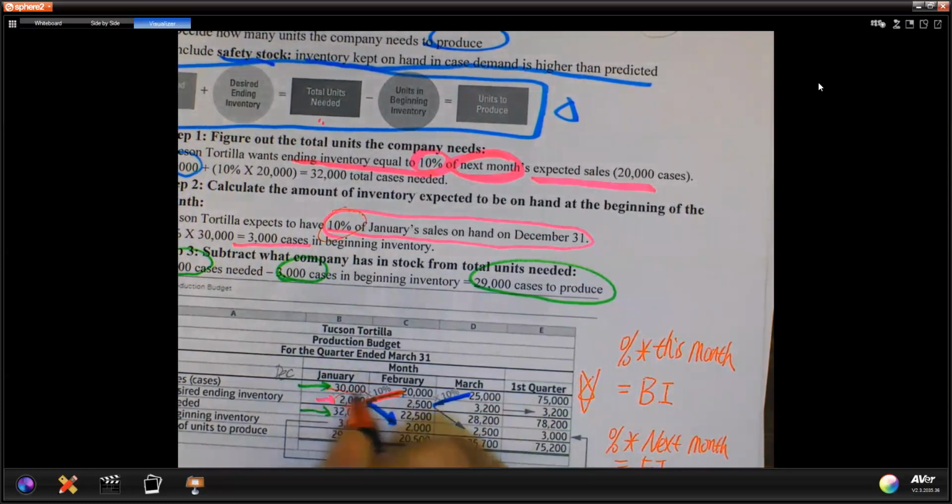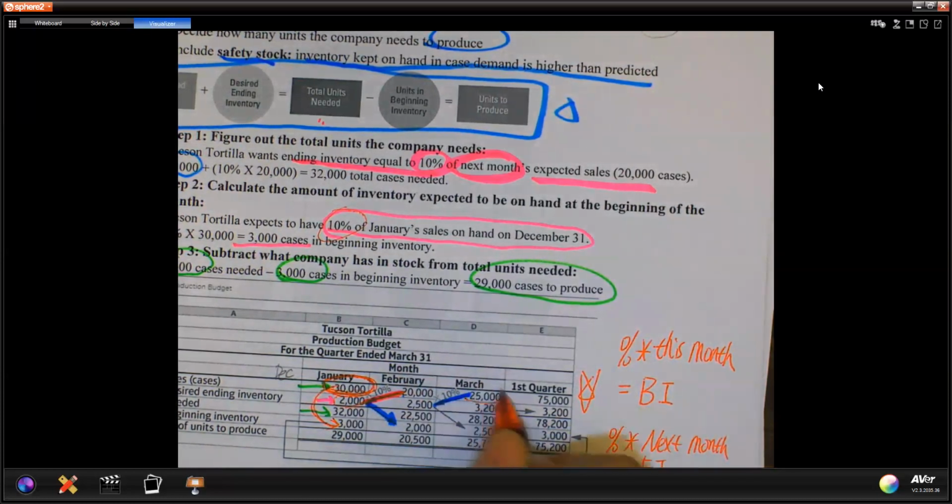Your this month's 30,000 times your 10% will be your beginning inventory. For your February, your March times 10% is your ending inventory. And your sales of 20,000 times your 10%, 2,000, will be your beginning inventory.